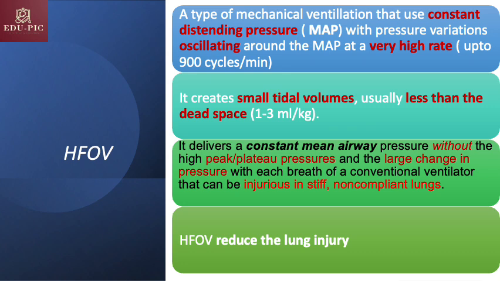It delivers a constant mean airway pressure without the high peak plateau pressures and the large change in pressure with each breath of conventional ventilator that can be injurious in stiff, non-compliant lungs. High frequency oscillatory ventilation reduces the lung injury.